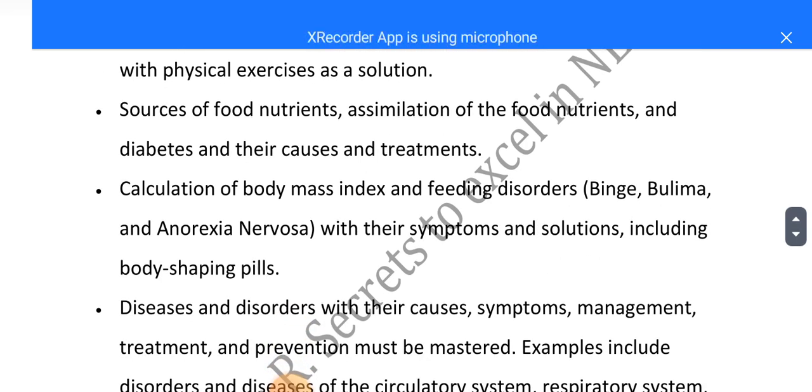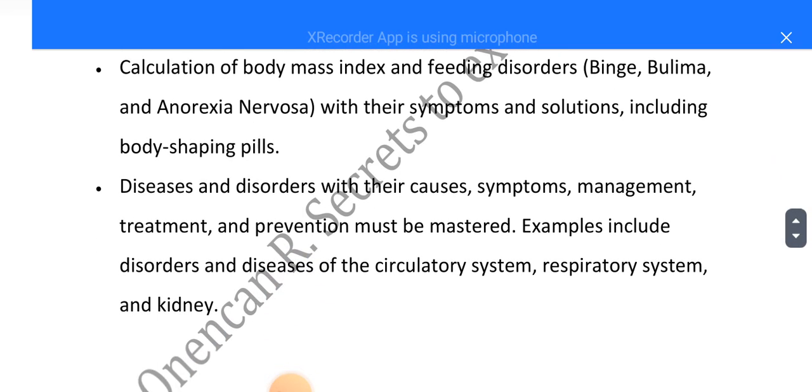Then you should also look at calculation of body mass index, BMI, and feeding disorders like bulimia and anorexia nervosa, with their symptoms and solutions, including body shaping pills. When we talk about body shaping pills, these are dietary pills.